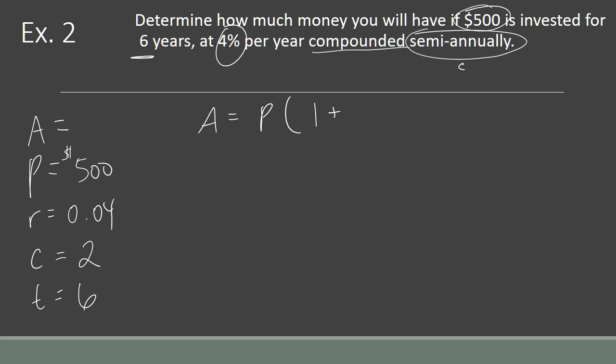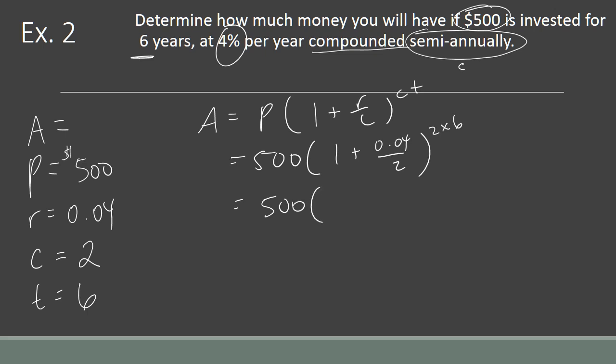Again, I'm going to rewrite the formula just so we get some comfort with it. 0.04 divided by 2, and then 2 times 6. Do the 2 times 6 part first. So 2 times 6 is 12.